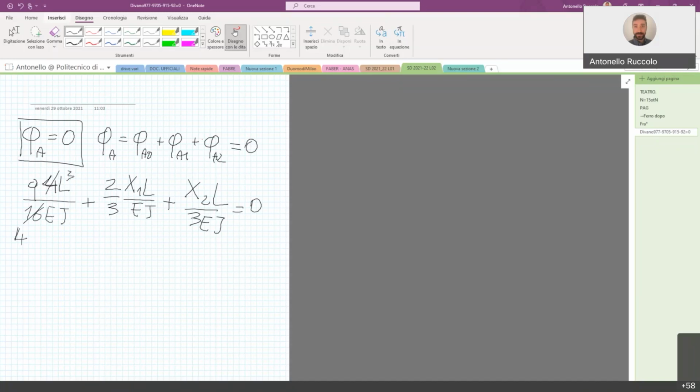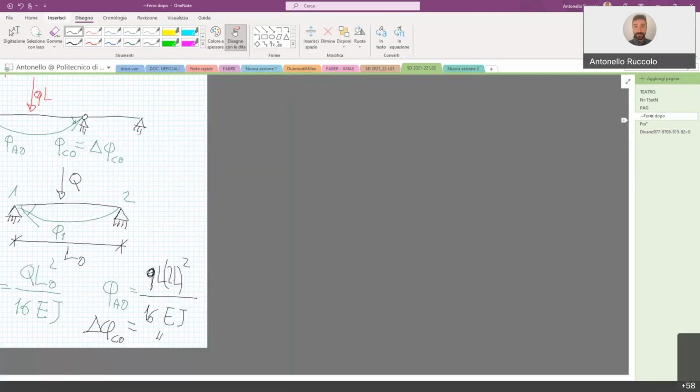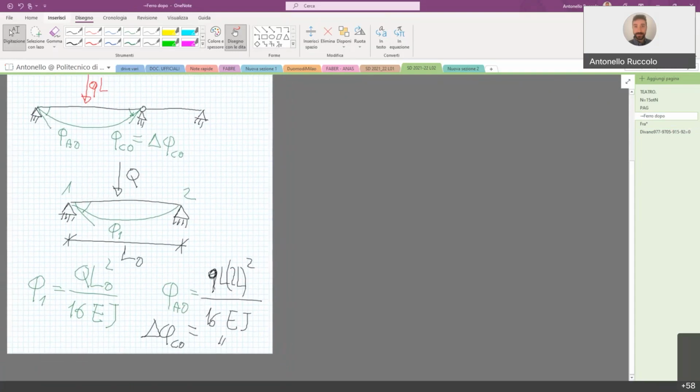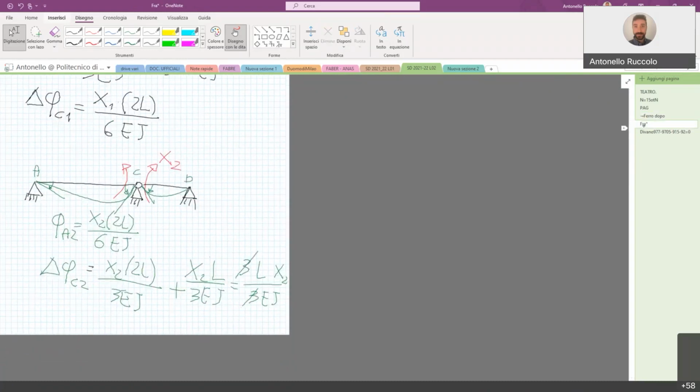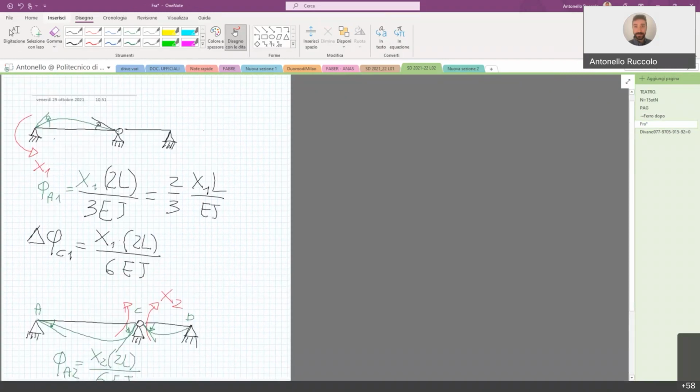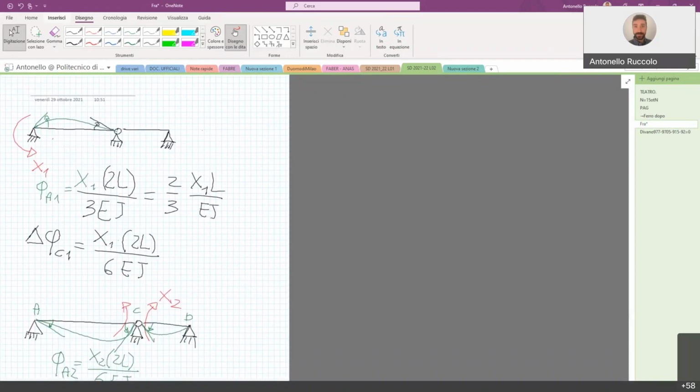Please remember that we are dealing with the rotation associated to the external load, which is clockwise in the node A. When we apply the x1, it is counterclockwise in the node A. You can see it here. And it is clockwise again when we apply x2.